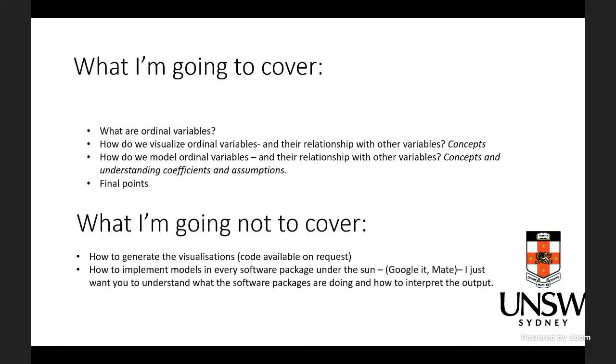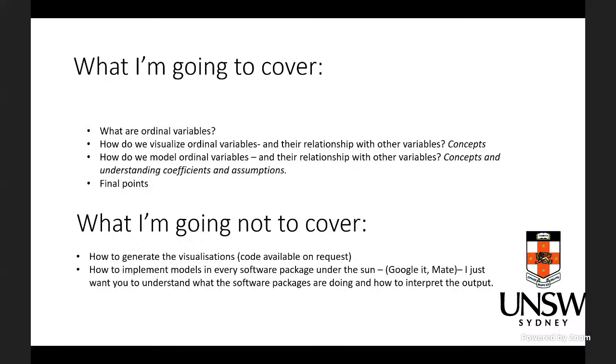And so I want to go through how to understand the coefficients that you get from ordinal regression, and also how to check the assumptions. I'm not going to cover how to do everything in code, just because it would take too long, and I really just want to nail the concepts here.